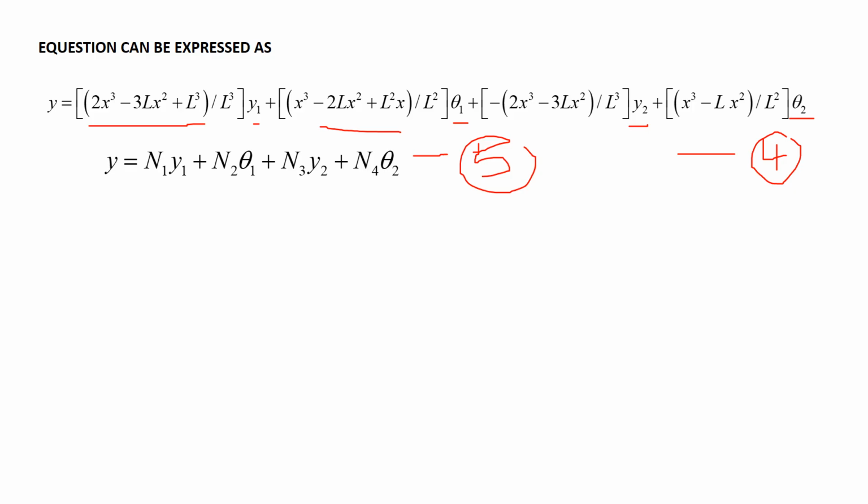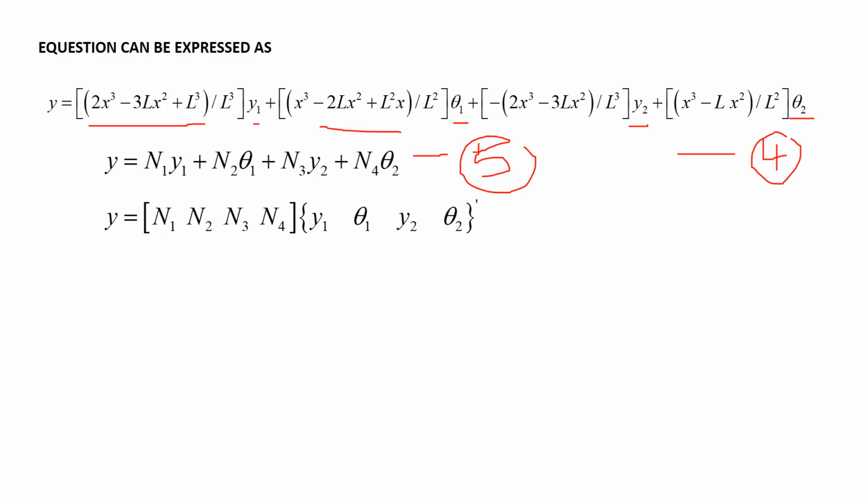The shape function n1 we can write as 2x cube minus 3l x square plus l cube divided by l cube, n1, like that n2, n3, n4.